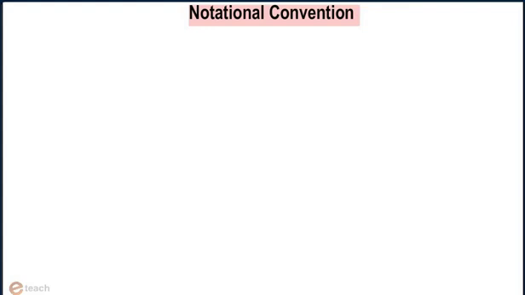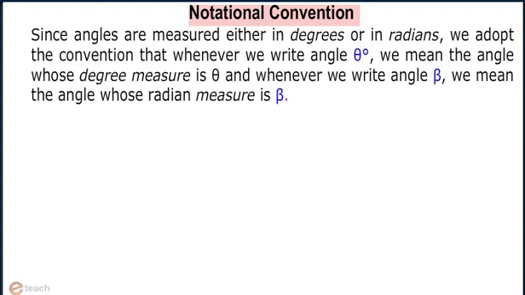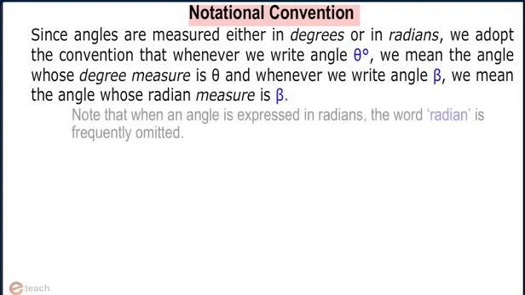Let us see the notational convention. Since angles are measured either in degrees or in radians, we adopt the convention that whenever we write theta degree, we mean the angle whose degree measure is theta, and whenever we write beta, we mean the angle whose radian measure is beta. Note that when an angle is expressed in radians, the word radian is frequently omitted.